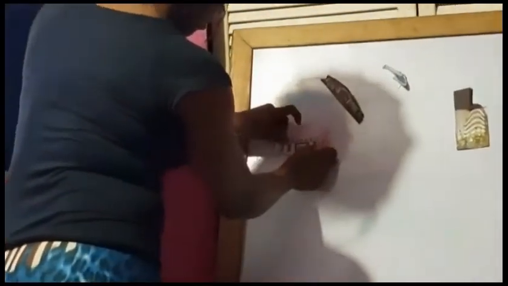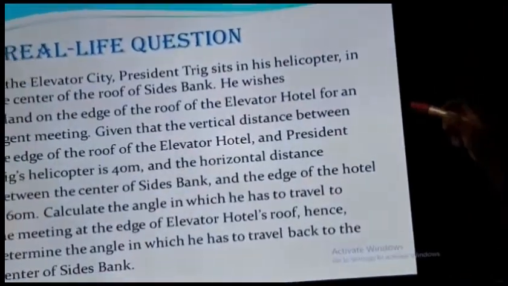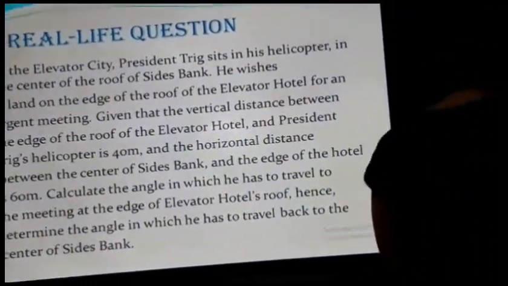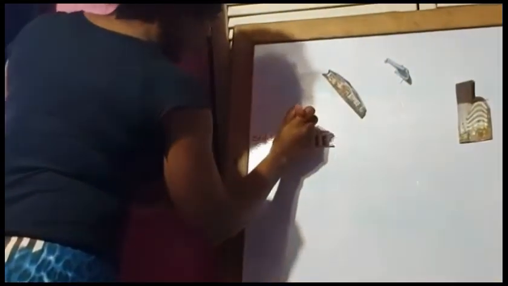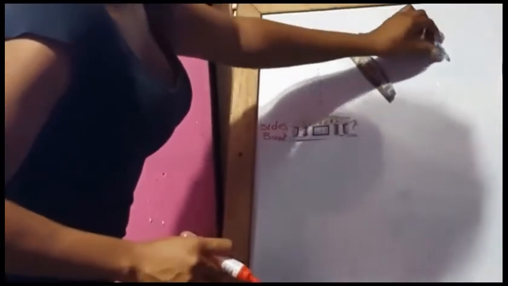So this is Sides Bank. President Trigg sits in his helicopter in the center of the roof of Sides Bank, so that's President Trigg's helicopter.